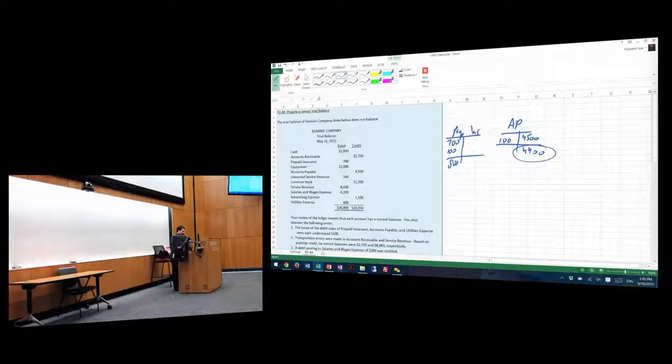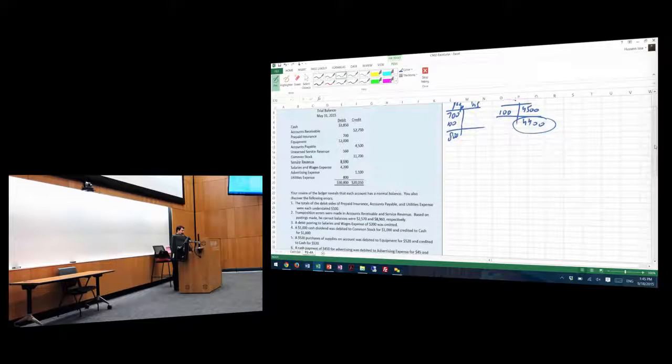Now, when you look at corrections like number 4 here, what does it say? A $1,000 cash dividend was debited to common stock for 1,000 and credited to cash for 1,000. Now, what's the correct journal entry for a $1,000 cash dividend? As far as we are concerned, this is the correct transaction.